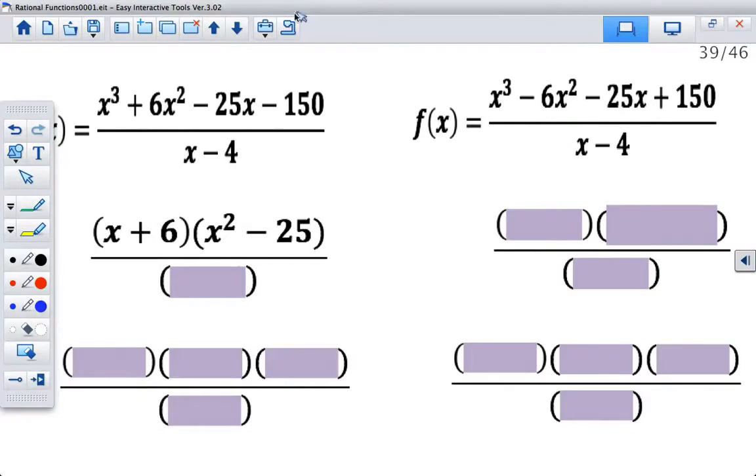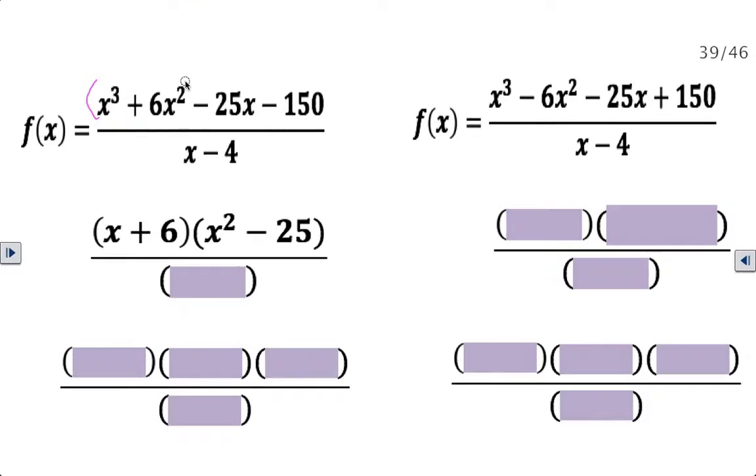All right. So in order to group this, we break this down into these two sections, okay? And then you're going to look at this section and say, okay, what do both of these terms have? Well, both have an x squared. So you can factor out an x squared here, and you're left with x plus 6 here.